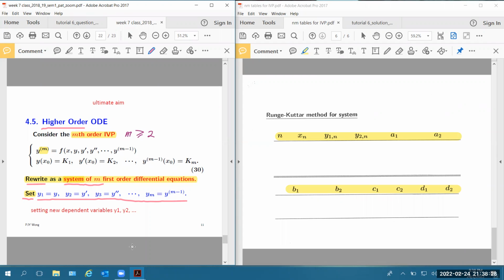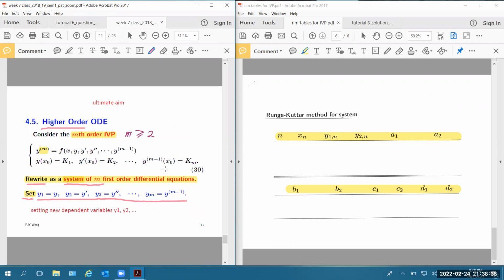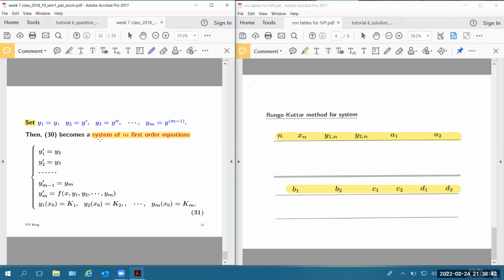If you do this setting, then our m-th order differential equation, equation 30, will become a system of m first order equations. So you actually become the system here.